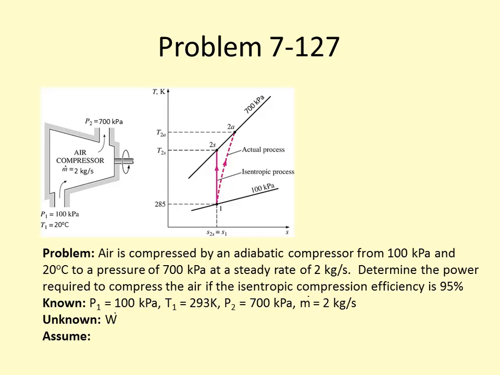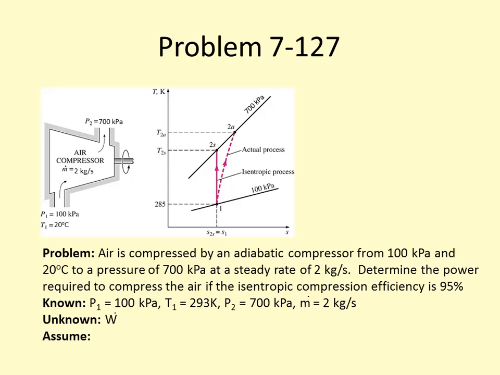Because this is an ideal gas, and we're assuming in the first case that it's isentropic, we can also make the additional assumption that the specific heat is constant. That will allow us to say C sub P times (T2s minus T1) for the isentropic case, and C sub P times (T2 actual minus T1) for the actual case.